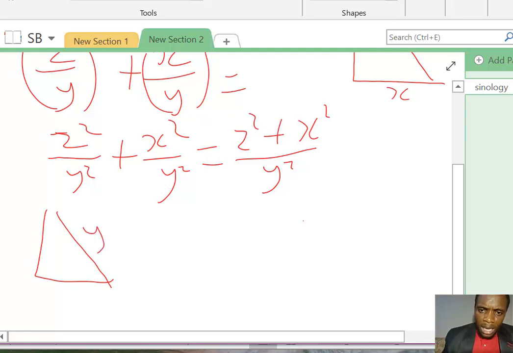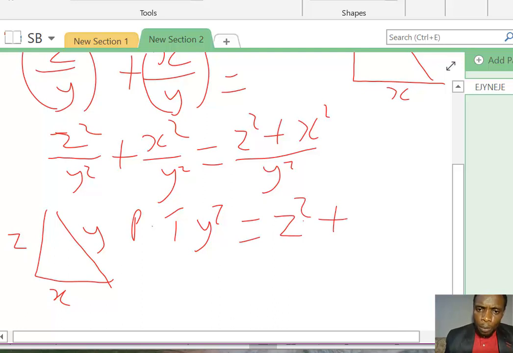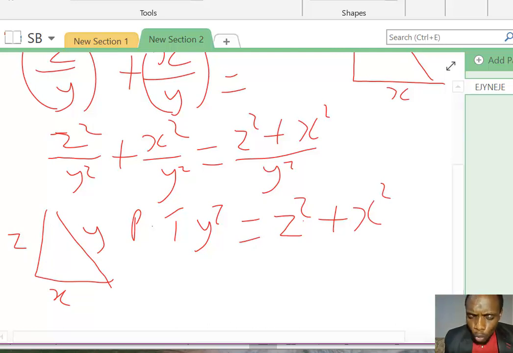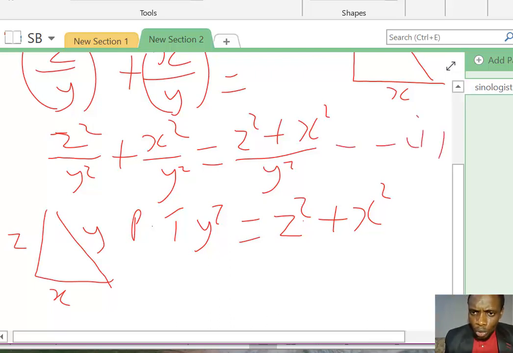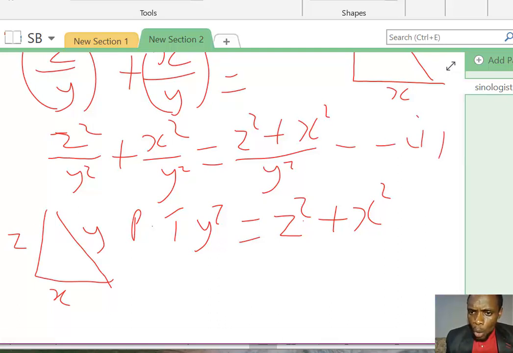If you have this side as our Y, and this is Z, and this is X, Pythagoras theorem says that Y square is equal to Z square plus X square. So if you call this equation 1, in equation 1 we have Z square plus X square up here, which is equal to Y square.